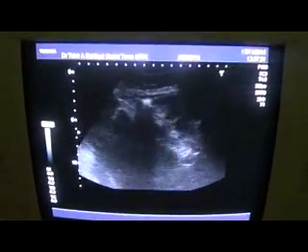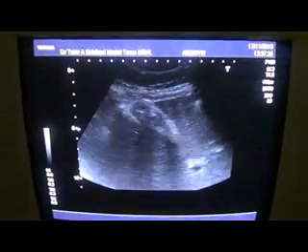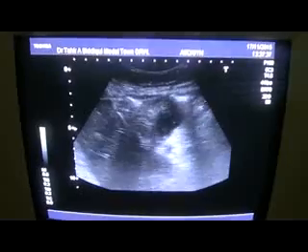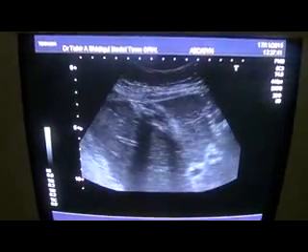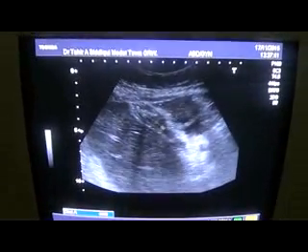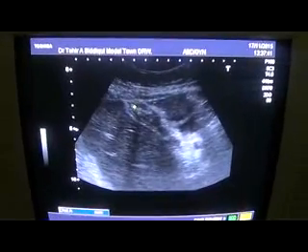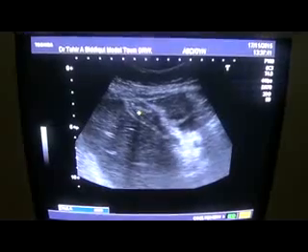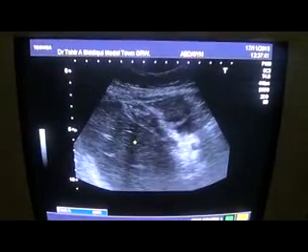If I can get the gallbladder from this angle in a beautiful picture, you see here, this is the gallbladder, and the wall is thick and the lumen is studded with multiple tiny echogenic particles, a few of them giving shadows.